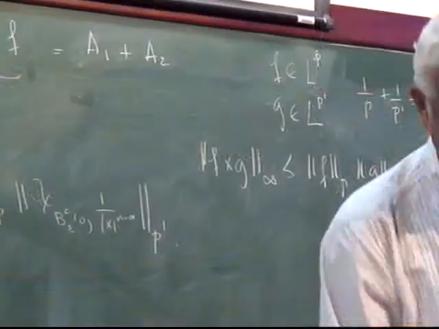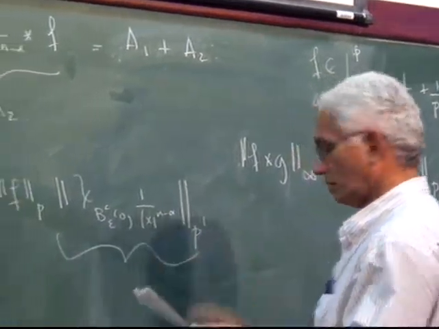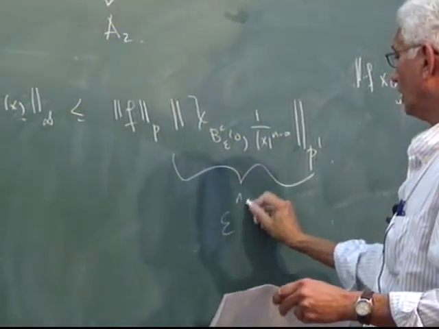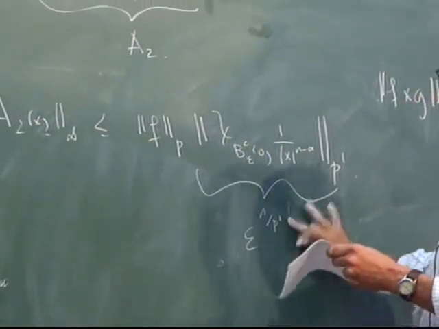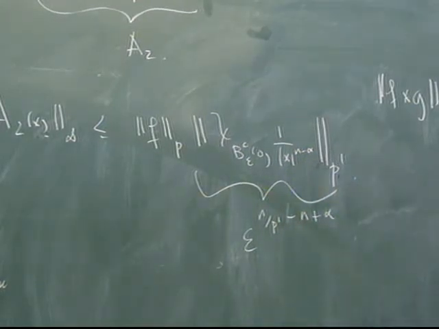You have to believe that after some computation, this is going to give you epsilon to the power n over p prime minus n plus alpha. It's a computation. I mean, that's not a big deal.